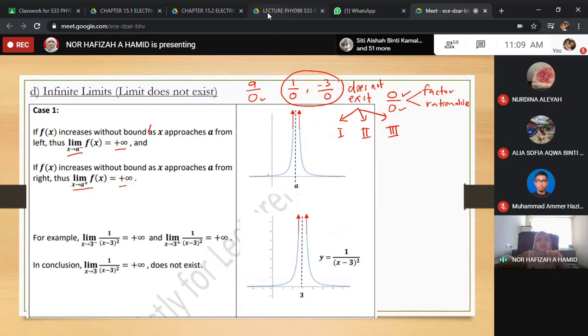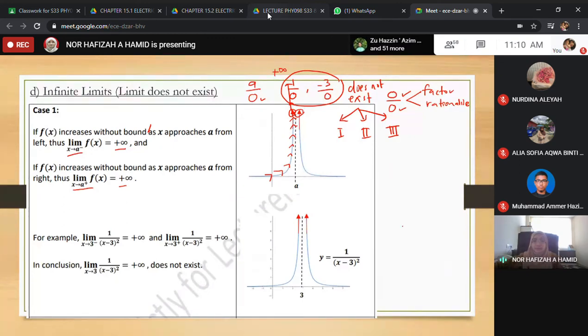So based on this graph, when x approaches from the left, the graph is moving upward, and you have an arrow at the graph. So it means the graph will continue. It continues, that's why we assume it as positive infinity. Okay, because the graph continues, you cannot determine the limit at the y-axis.